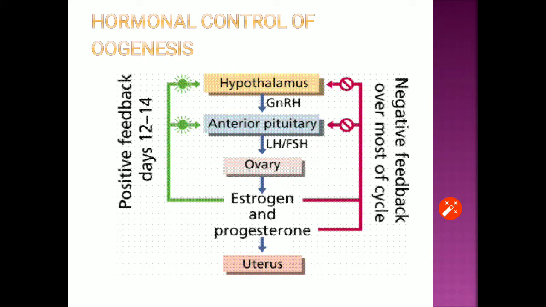In turn, the ovary releases estrogen and progesterone, which work on the uterus. All this occurs at puberty. The green lines are showing the positive feedback and the red lines are showing the negative feedback mechanism.